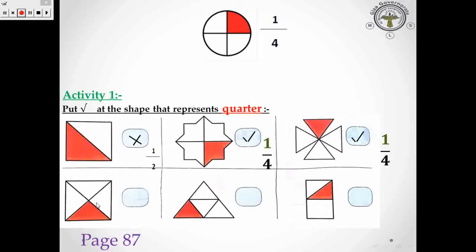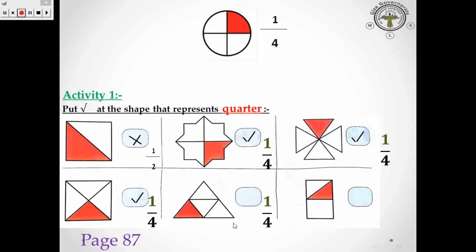Next shape. This shape divided into 4 equal parts. How many shaded parts? 1. Right, 1 and up. How many total parts? 1, 2, 3, 4. Right, 4 and down. So this shape that represents quarter. Next shape. This shape divided into 4 equal parts. How many shaded parts? 1. Right, 1 and up.